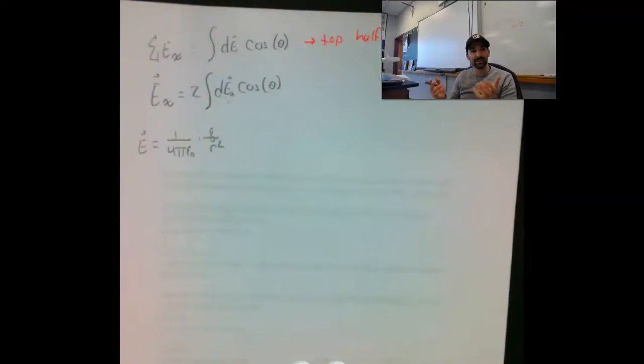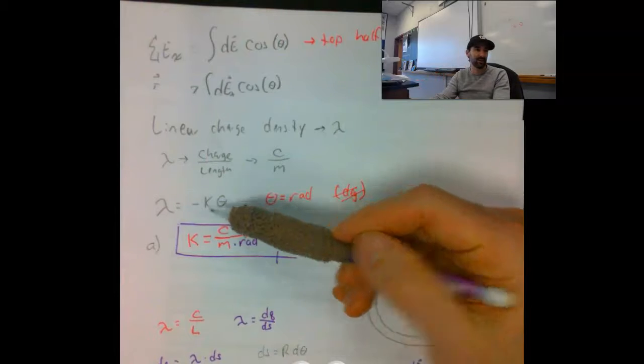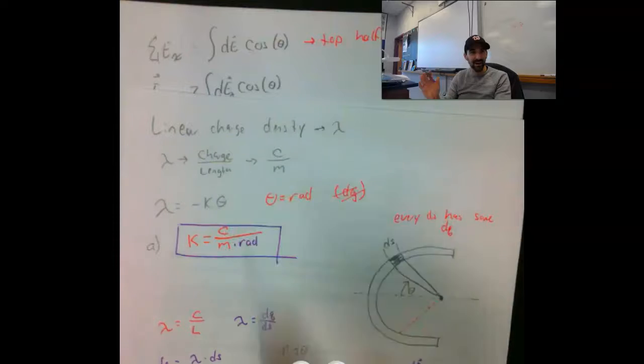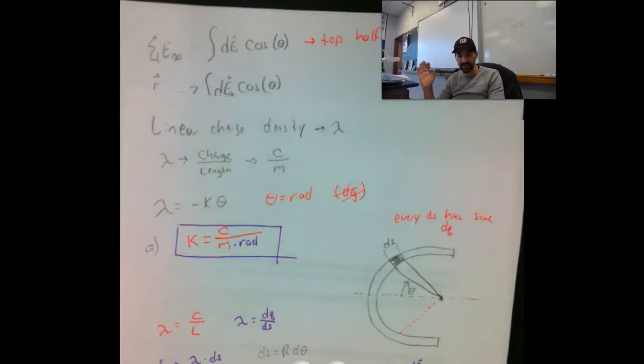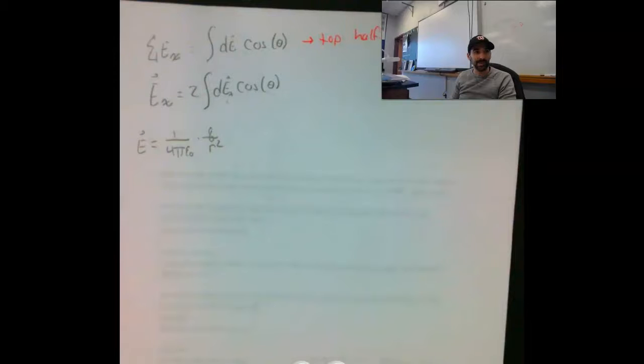Number 1, I just do it out of habit. Number 2, the problem gave us something with a constant K or a kappa, so I don't want to mess that up with my wonderful handwriting. If I put those 2 things together, I may later on by mistake cancel them out. I don't want to do that, so I'm going to leave it as 1 over 4 pi epsilon naught.